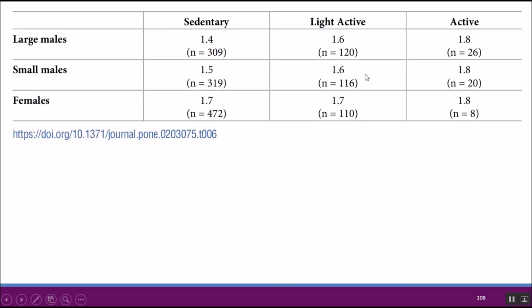Sedentary people may not require very intensive dialysis like an active one. And for small males and females, it's better to divide KT over the body surface area, not over the V.